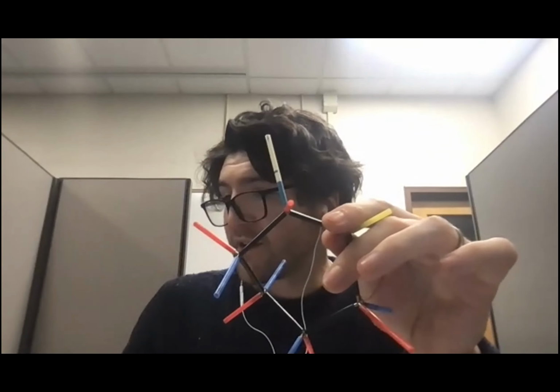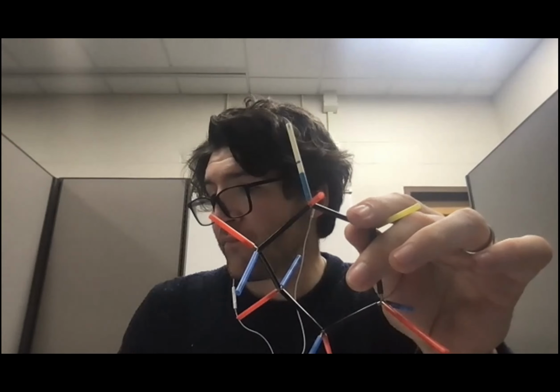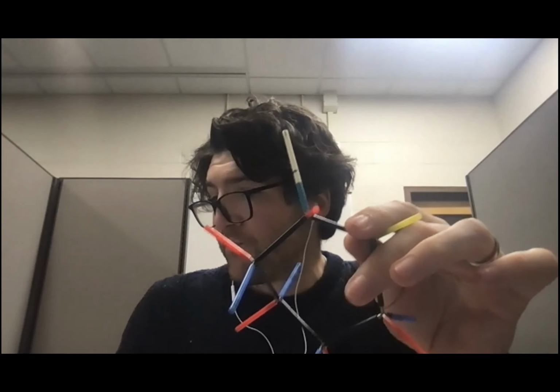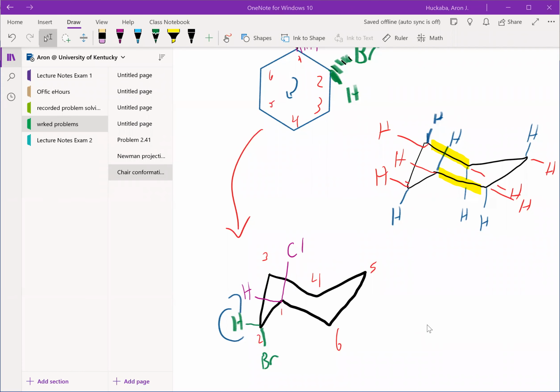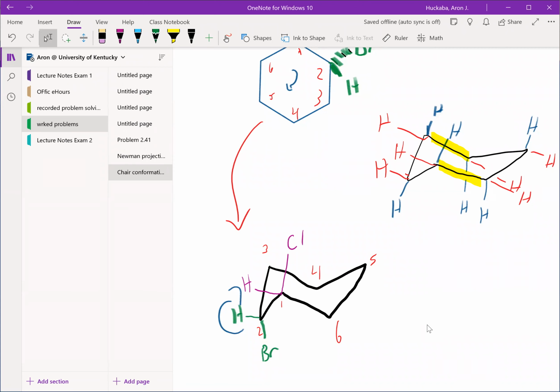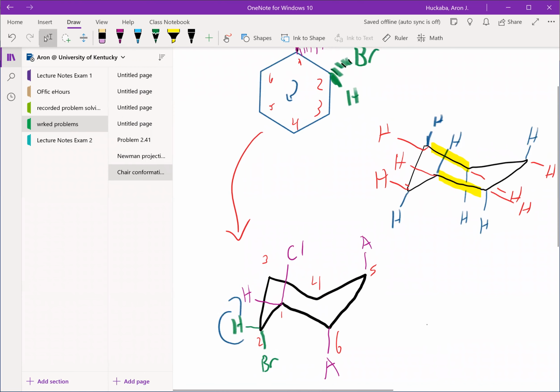So if we were to go back to our notebook, and we were again to have a look at this cyclohexane, we could say that every axial position, we'll just call it A here, will be alternating wedges and dashes in the 2D structure.